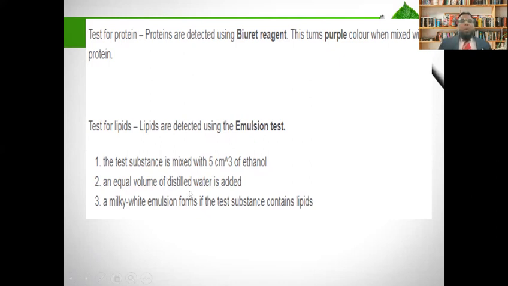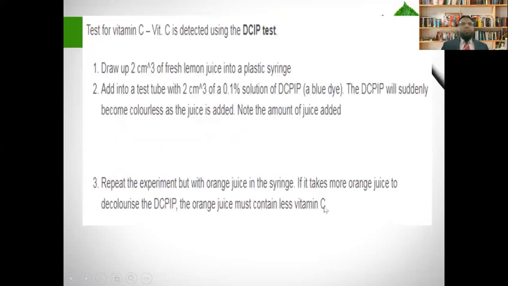An equal volume of distilled water is also added. If there is oil, fats or lipids, you will observe that a milky white emulsion forms if the test substance contains lipids.